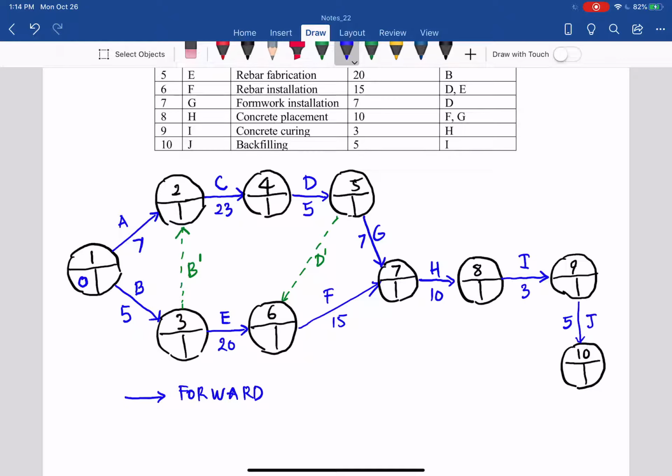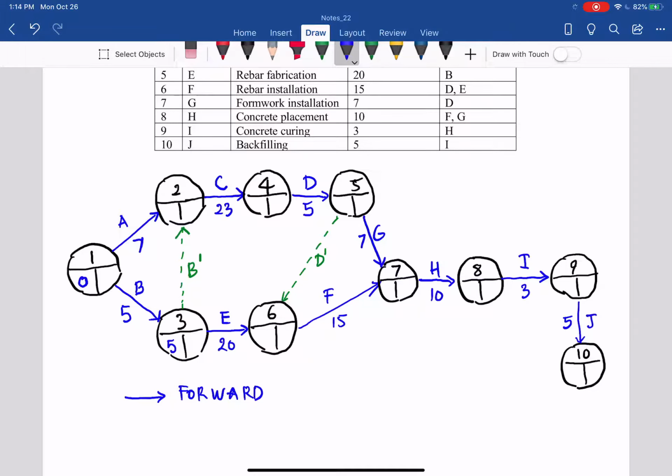So 0 plus 5 for B, so the node here will be 5. Then for node 2, there are 2 arrows getting in, A and B apostrophe.